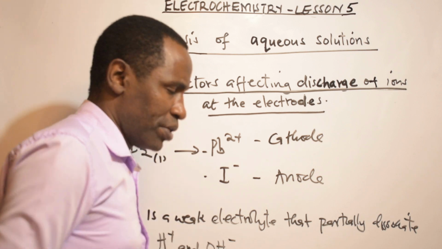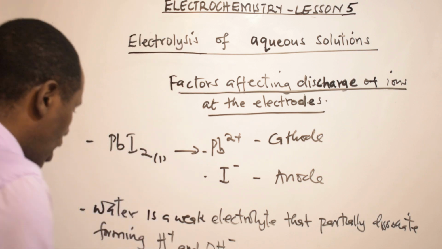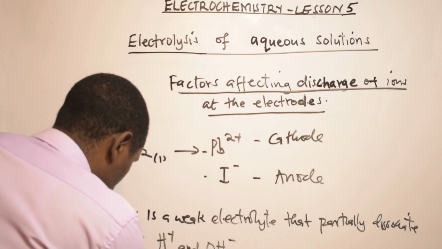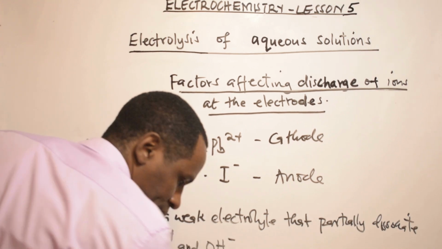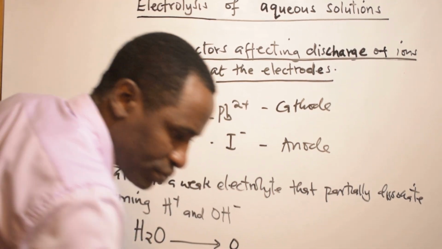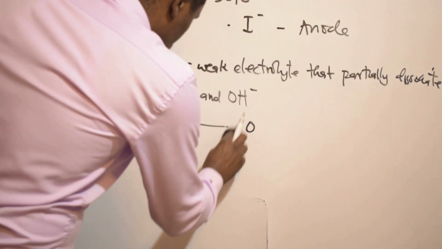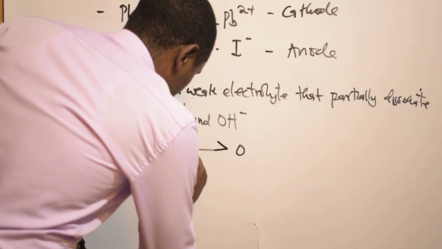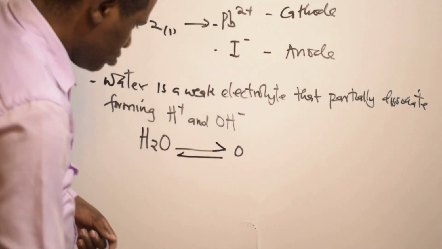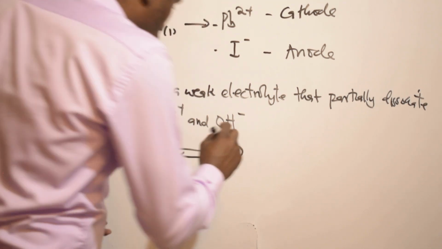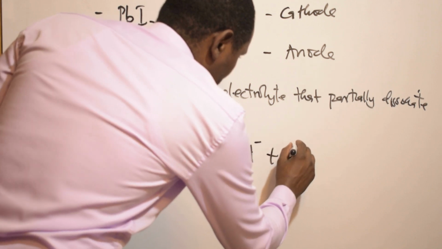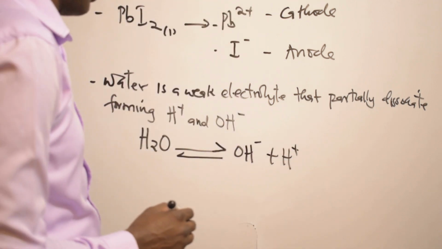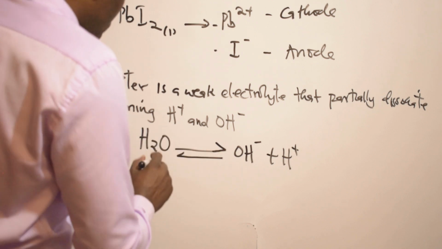This is what we're talking about here. An equation to that effect can be like this: water, using two arrows, forms hydroxide ions and hydrogen ions.